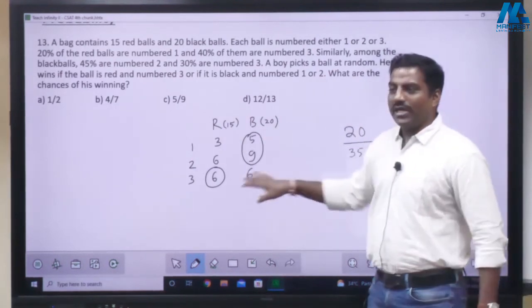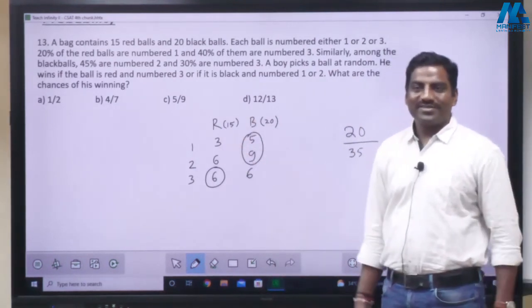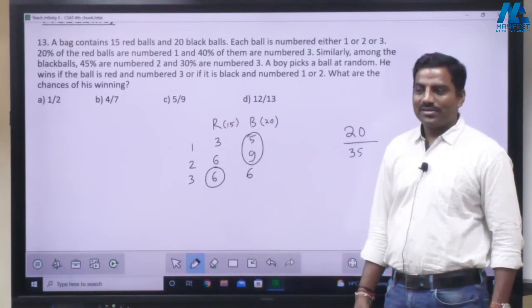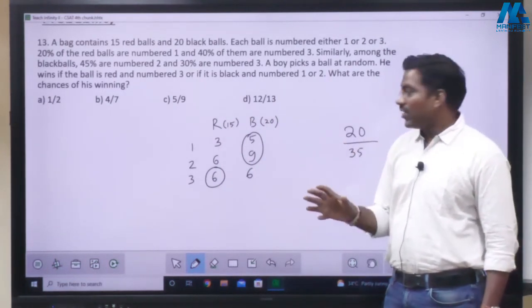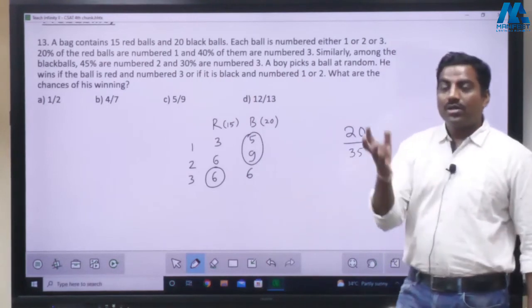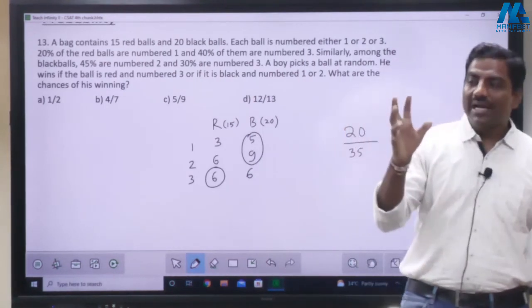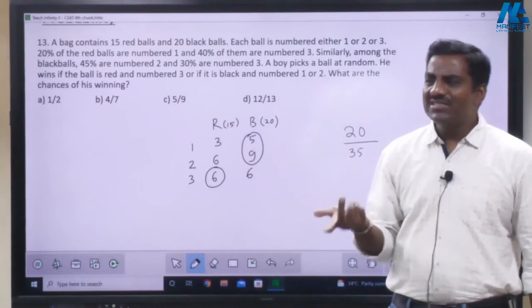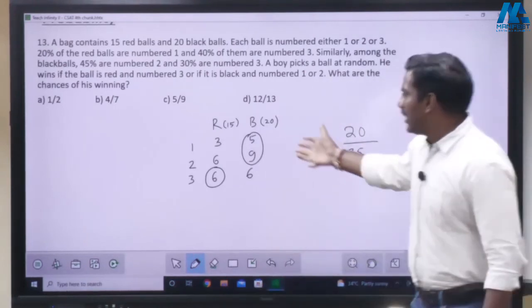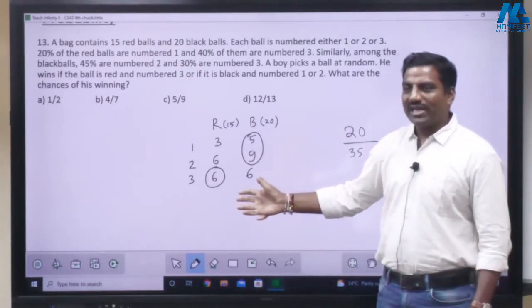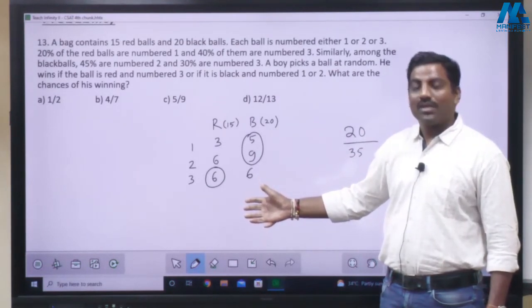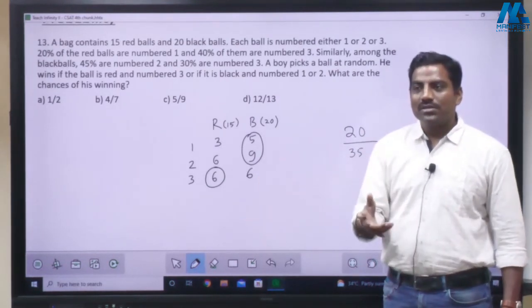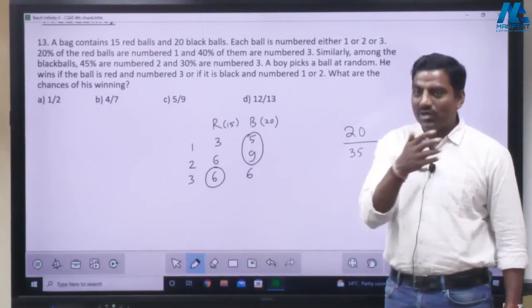Simple, no? This is just to make you more confused. So basically, totally 35 balls are there. Out of them, if he picks up one kind of balls, 20 of them, then he wins, that's it. All these are to make you more confused. Getting my point? Or you become the master. Master, you are conducting a game.